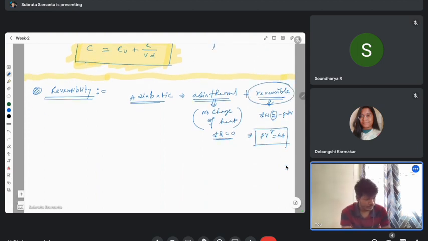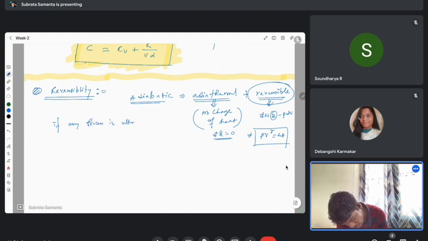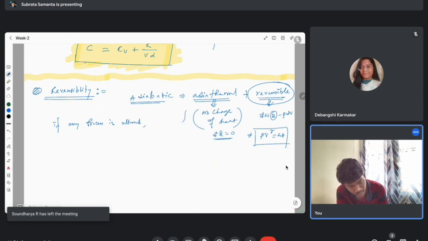Okay. So reversible means that if any process is allowed, then the time reverse process is also allowed.